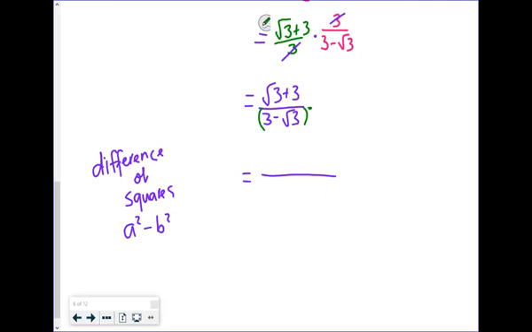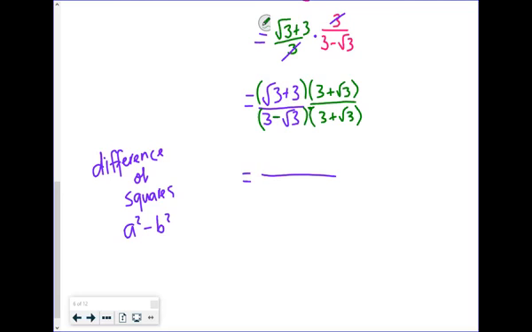So to introduce the difference of squares, I'm going to multiply this denominator by its conjugate. Where there's a minus here, I'm going to write plus. And if I'm multiplying the denominator by that, I also have to multiply the numerator by that. So I've introduced the difference of squares because that will get rid of any irrational numbers in the denominator.